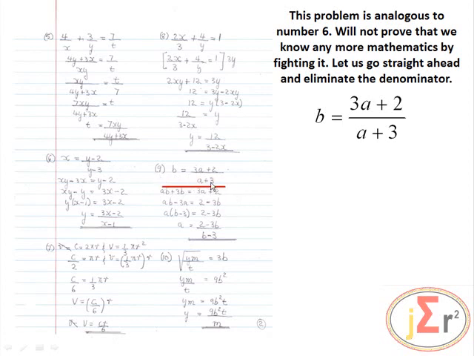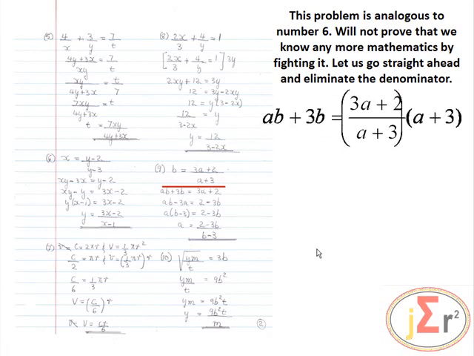That's what we did, and that's what we will do again. Multiply, eliminate the denominator. This problem is analogous to number 6. We will not prove that we know any more mathematics by fighting it. Let us go straight ahead and eliminate the denominator.